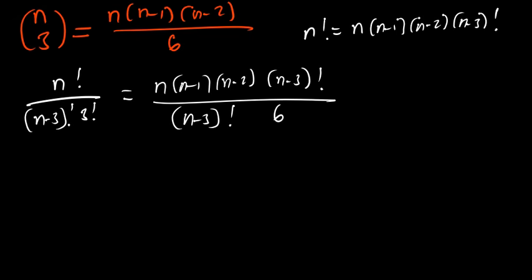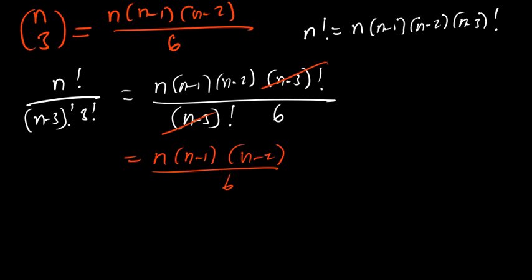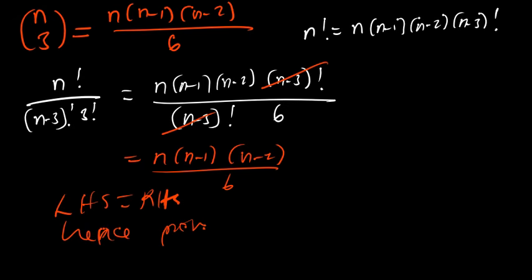Then you go there and cancel this. n, n minus 1, n minus 2 divided by 6. Hence shown, left hand side is equal to the right hand side. Hence proved. Hello, what's difficult here?